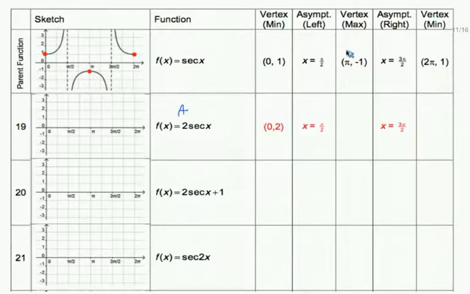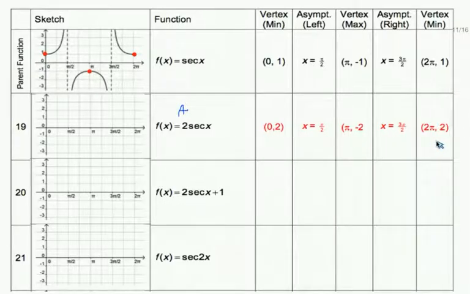And your vertex, your maximum point here, again, your x is staying the same. It's still going to be at pi. Your y value, instead of being -1, it'll be -2. Okay? And hopefully by now you can see that the x values are staying completely the same. The y values are just the only things changing. And to do that, you just multiply your original y value by whatever you had for a over here.